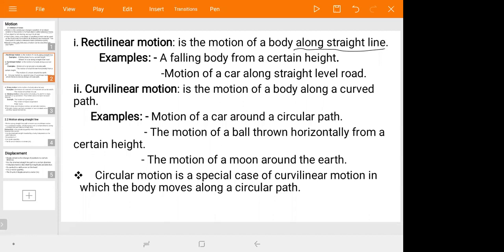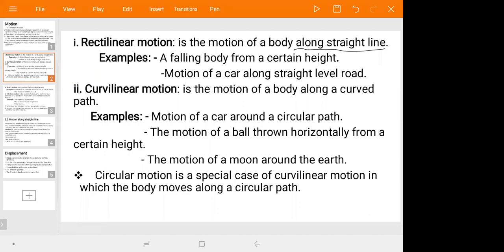And now you must know the types of motion, what rectilinear motion is and its example. To say one motion is rectilinear motion, it must occur along a straight line.